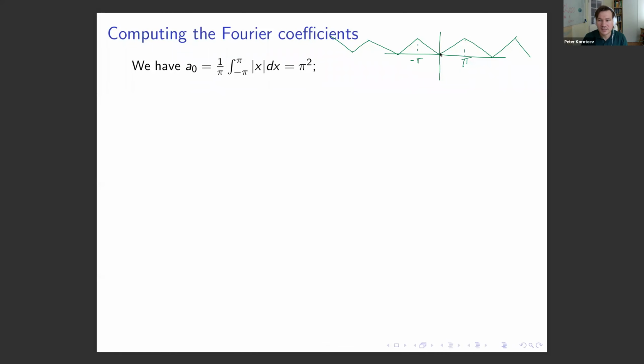Also remember that there's a constant, because this picture is shifted up by what is it? By pi over 2. So we have this a0 coefficient. We need to integrate the absolute value of x from -pi to pi, which will give us pi squared.